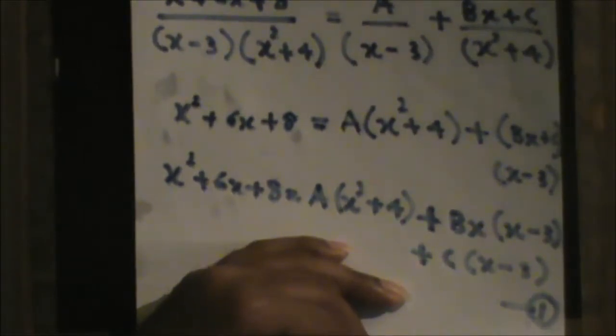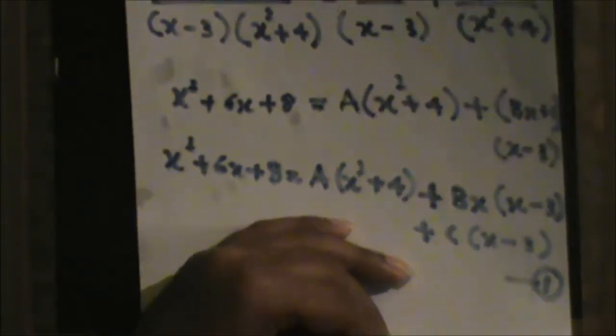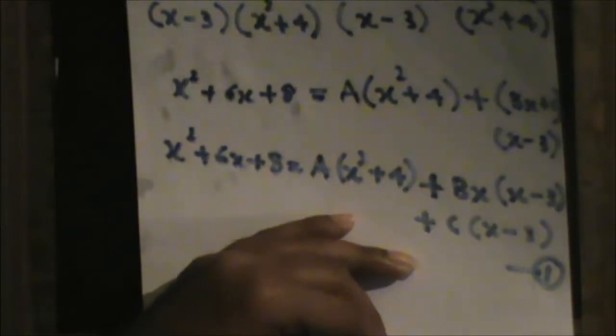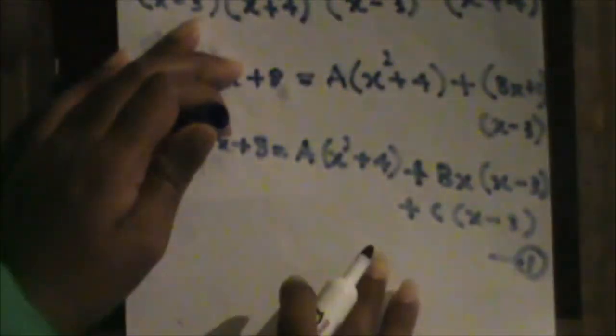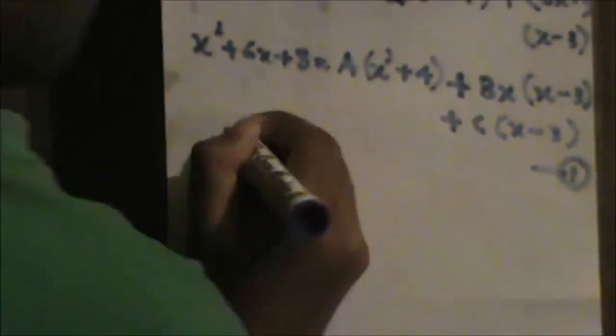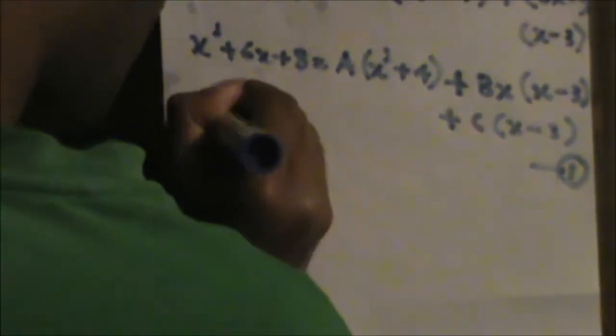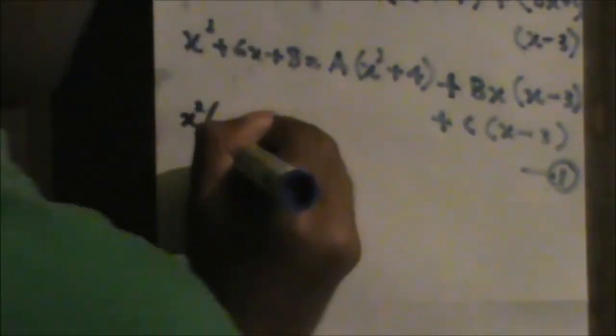So to find the values of a, b and c, since this is called an identical function, I can equate the coefficients of both sides. So when I equate x squared of both sides, on the left side I am left with 1.